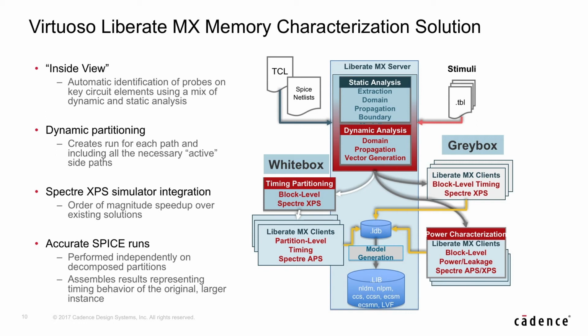It's fully integrated with Spectre XPS, so we can read in the design and use partitioning technology to partition the design into small pieces. For each small piece, you can use either Spectre APS or Spectre XPS to complete the simulations at the leaf cell level.